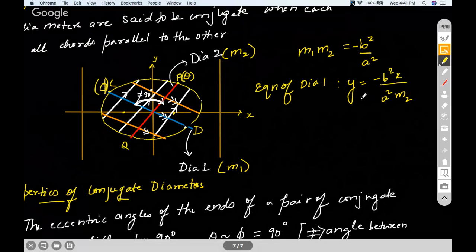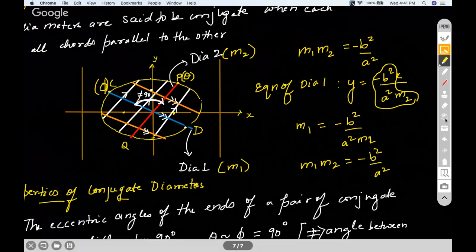Any doubt about that? And the slope of this line itself is m1. Which clearly means m1 into m2 could be easily proved as minus b square by a square. Right? So number one step is accomplished.